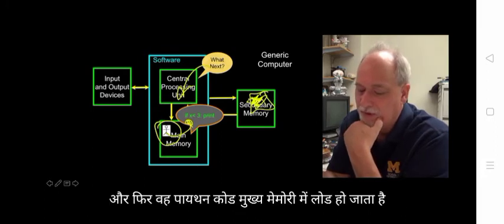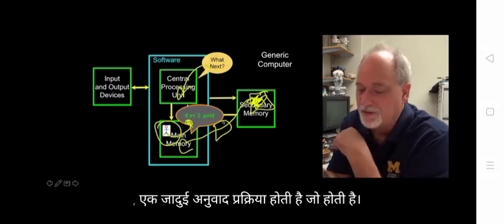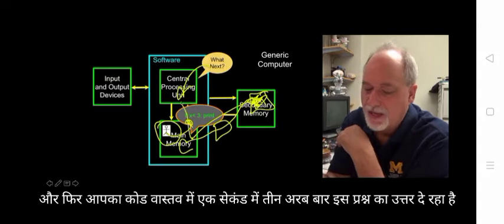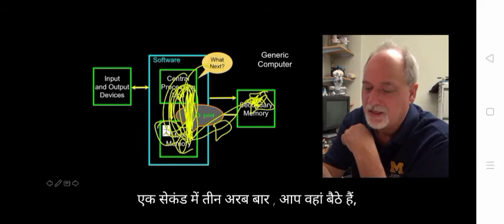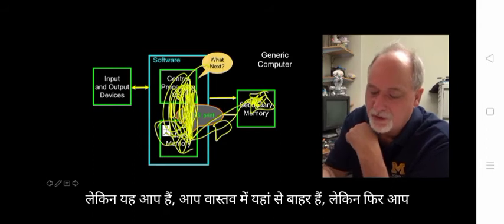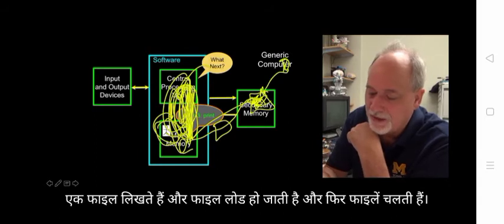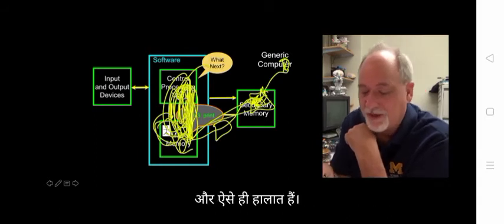There's a magic translation process that happens. And then your code is actually answering this question 3 billion times a second. You're really out here, but you write a file, and the file's loaded in, and then the file runs. And that's your place in the world.